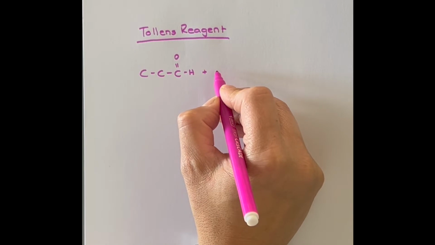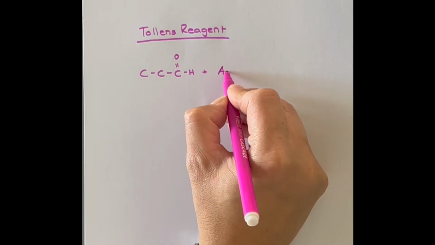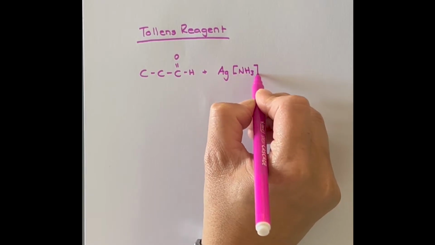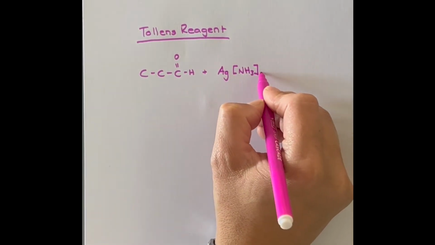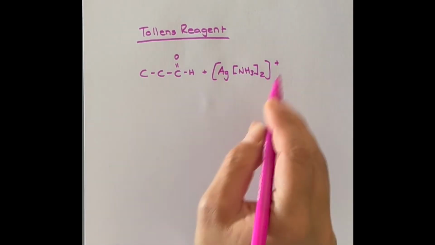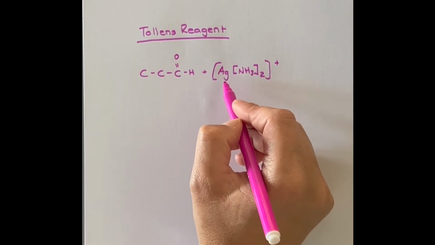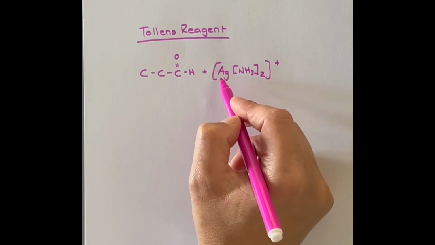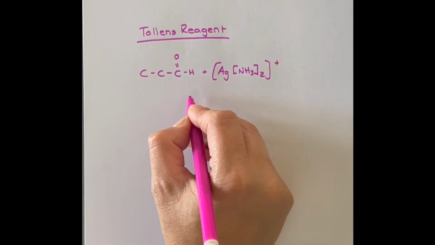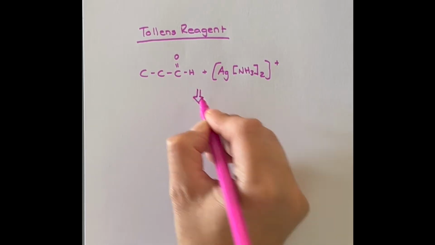So we have silver and we have ammonium, and then we have the two there. You don't really need to know all that, you just need to know that it's silver ions. And what happens is this oxidizes that to become carboxylic acid, so we'll put that one down there.